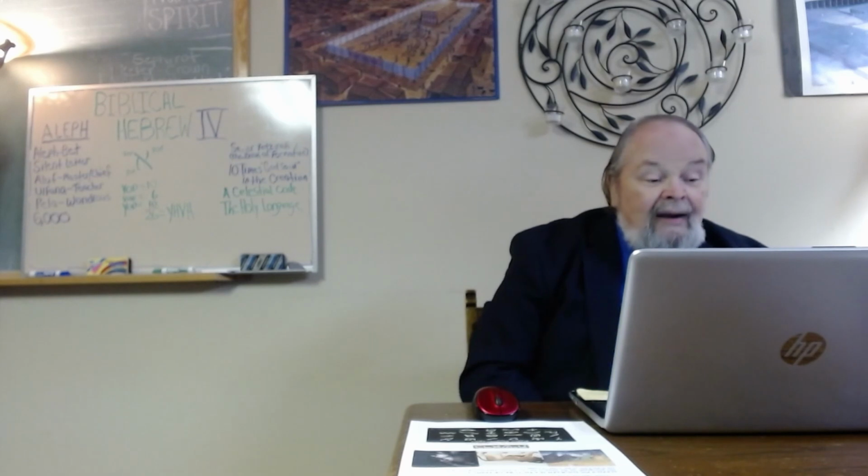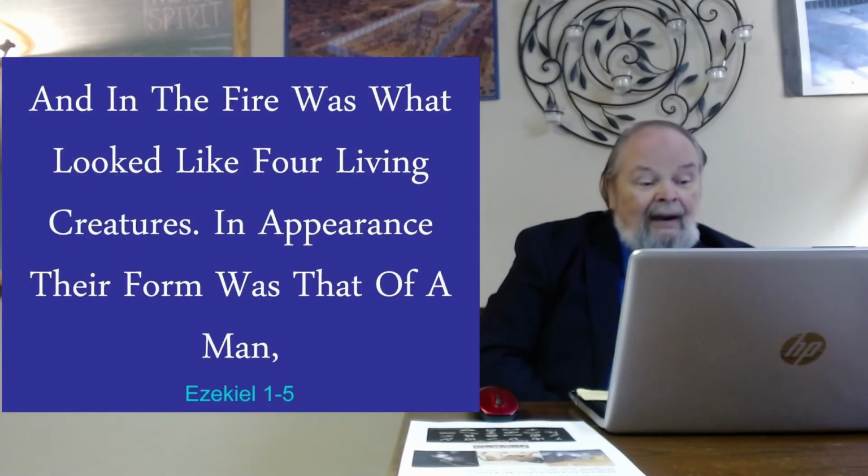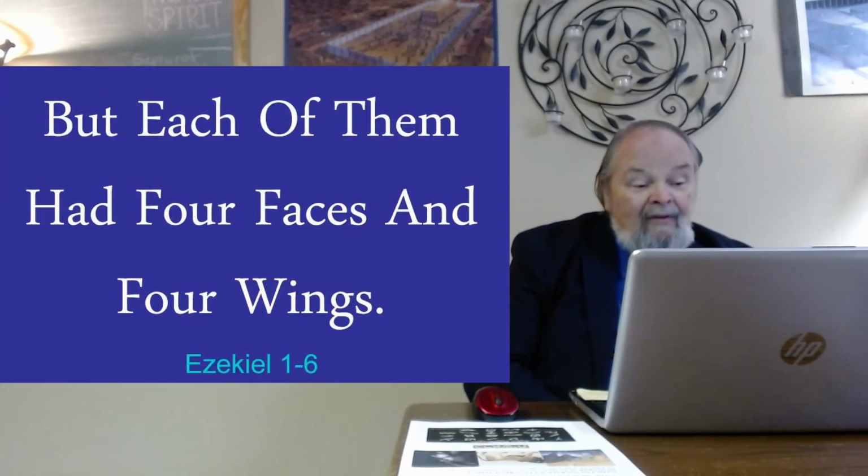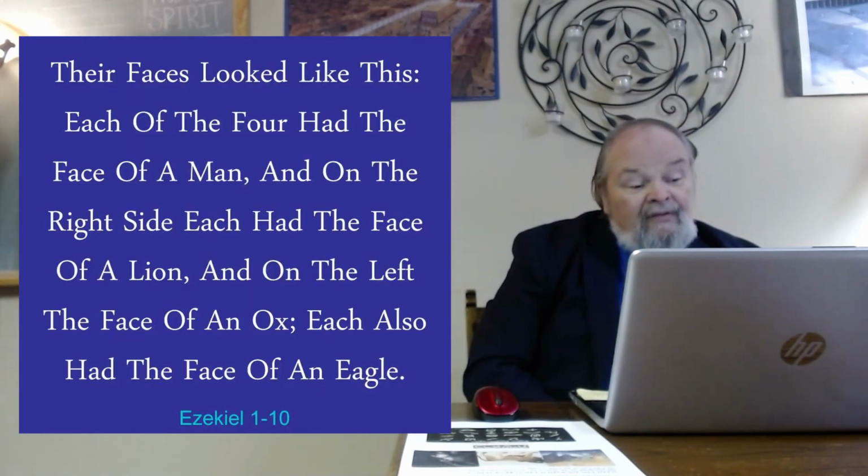And I'm going to read you a few chapters from Ezekiel to explain that. Ezekiel 1, verses 5 and 6. Also, out of the midst thereof came the likeness of four living creatures, and this was their appearance. They had the likeness of a man. Every one had four faces, and every one had four wings. And then in Ezekiel 1:10, as for the likeness of their faces, all four of them had the face of a man, the face of a lion on the right side, and they all four had the face of an ox on the left side.